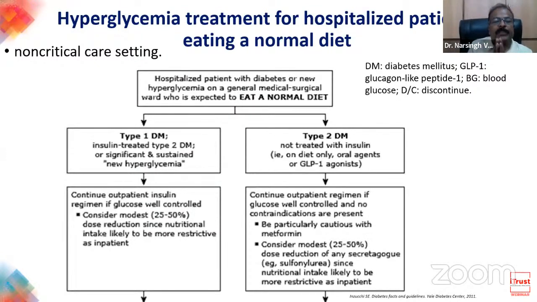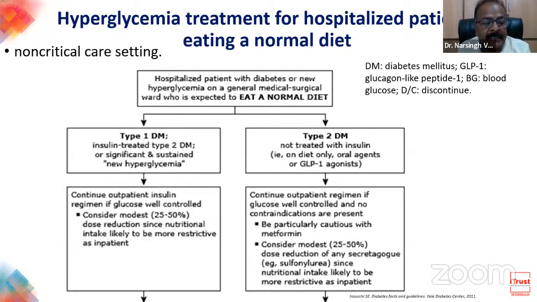So in these patients who are taking a normal diet orally, in non-critical care settings, the hospitalized patient with diabetes or new hyperglycemia on a general medical surgical ward who is expected to eat a normal diet, type 1 or type 2. They will differ in type 1, insulin-treated type 2 diabetes patients with significant and sustained new hyperglycemia.